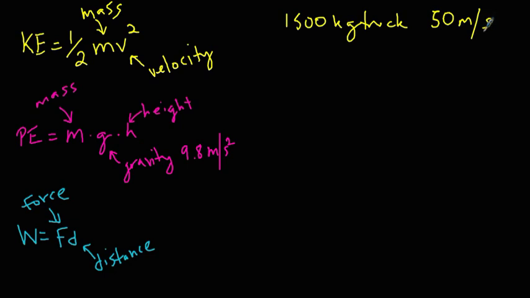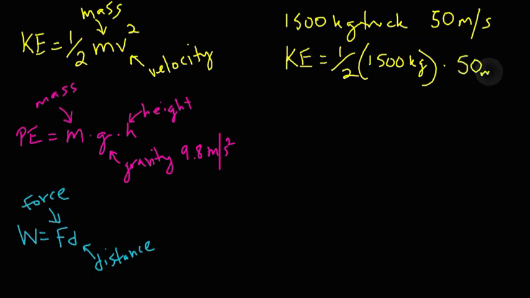Okay, so how do we do this? Well, we just plug in variables, right? So kinetic energy should equal 1/2 of the mass, 1,500, times the velocity squared. So that would be 50 meters per second, and we're going to square that. Okay, so now we just need to do some math.